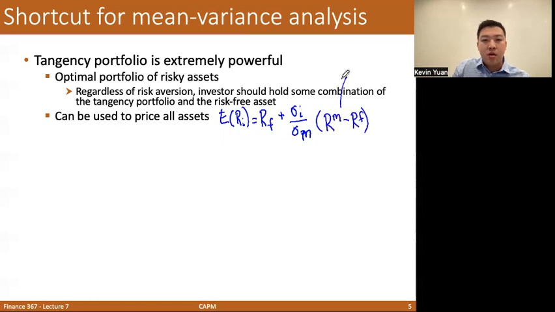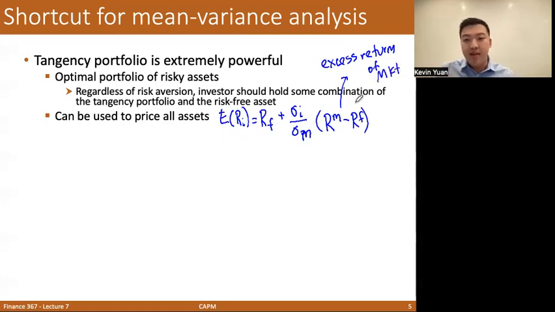We can also sometimes call this the excess return of the market, right? Or the market risk premium, okay? And what it's saying is, again, you have a base return, and what you expect for your portfolio is this base return, right? Some minimum value, the risk-free rate, plus the market excess return times how risky you are relative to the market, right?